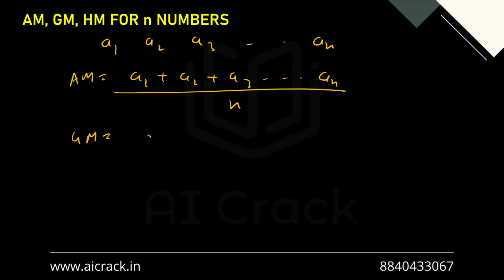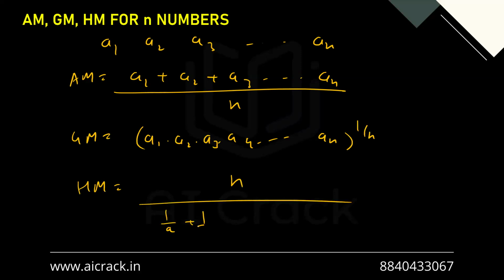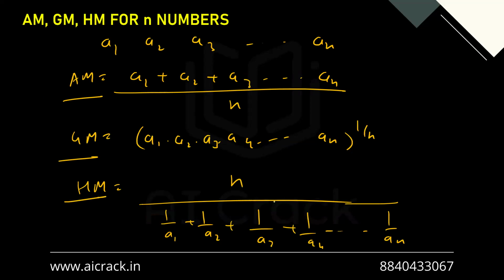GM would be (A1 times A2 times A3 times A4 till AN) raised to the power 1 by n. And HM would be n upon (1 upon A1 plus 1 upon A2 plus 1 upon A3 plus 1 upon A4 and so on till 1 upon AN), right? So AM, GM and HM for n numbers are defined like this. Okay, you have to remember this.